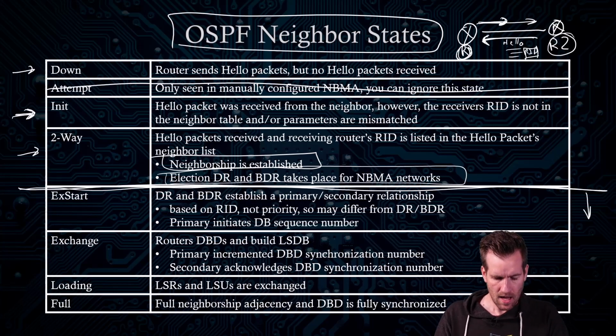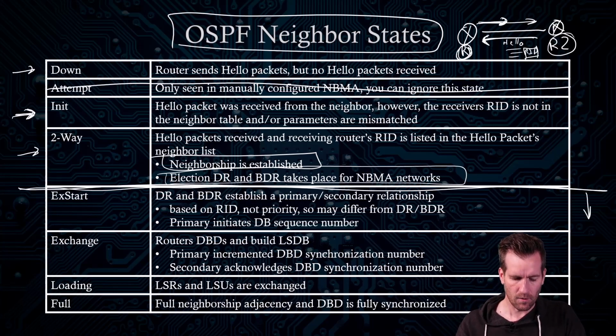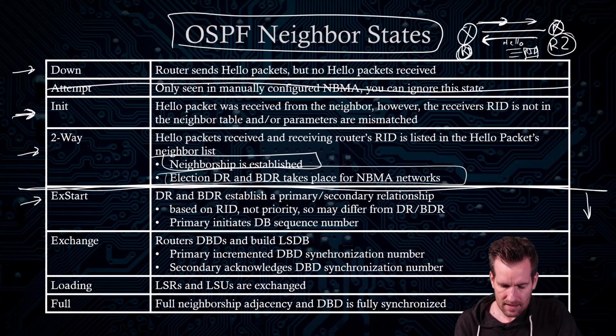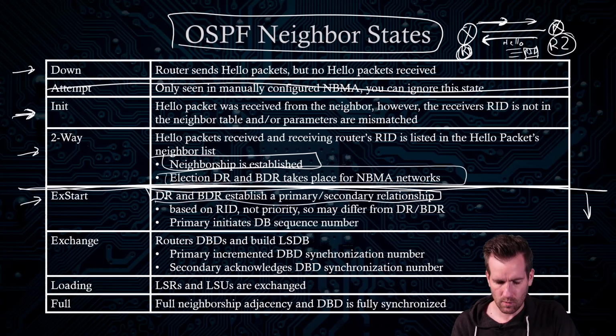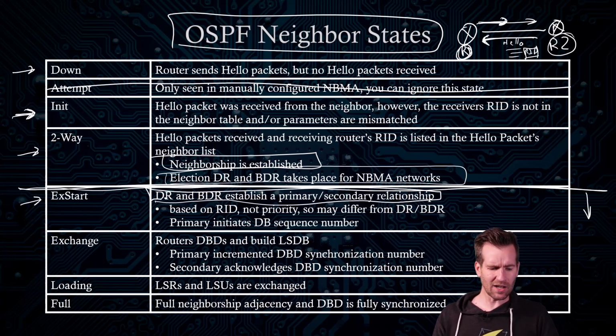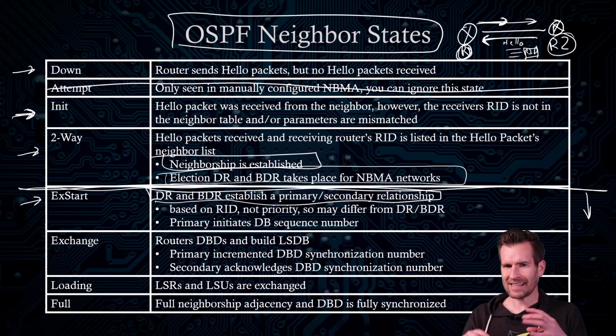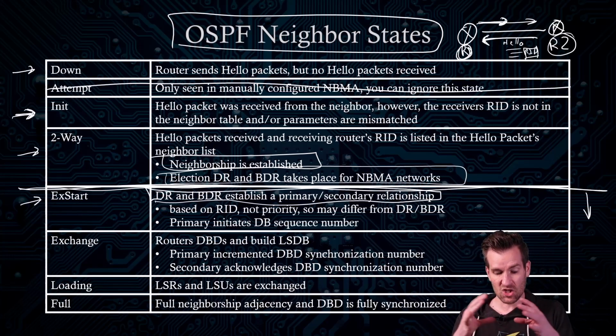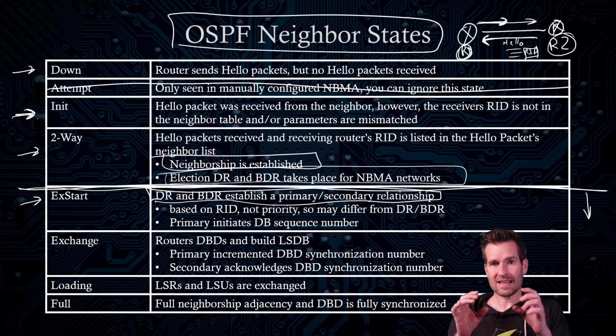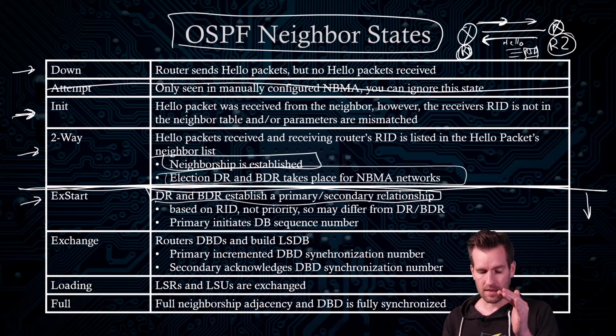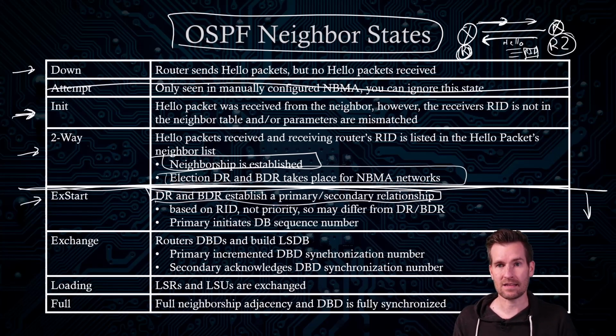But the next state right here is going to be the ExStart state. The ExStart state is when the DR and BDR establish a primary and secondary relationship. The next couple exchanges are just establishing the database and getting the database going.